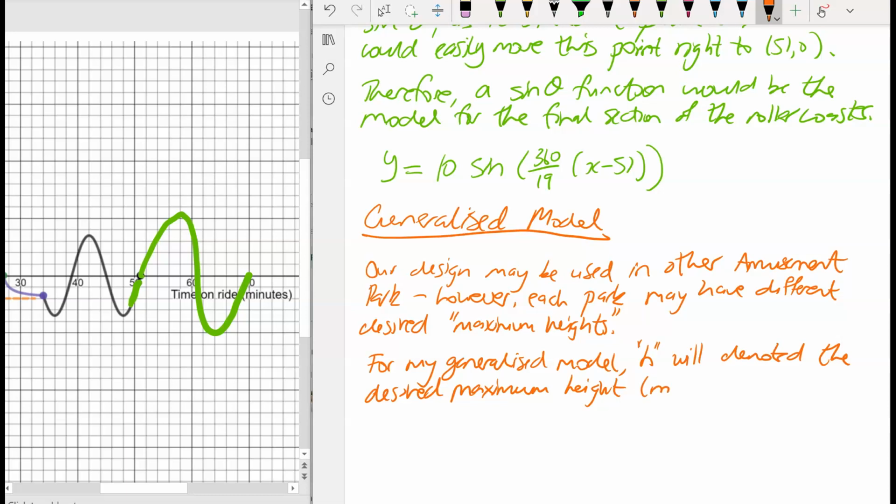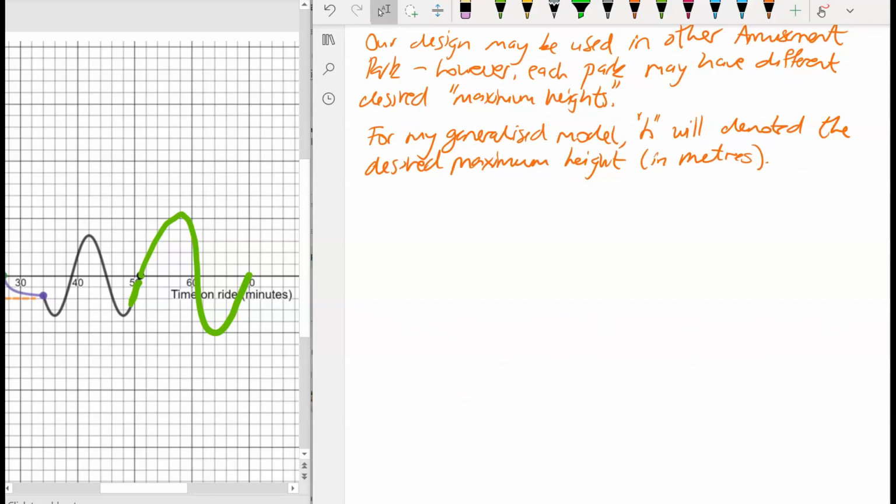And just going to note, always mention the units in meters. So we're looking at meters here. So in meters. So let's have a think of a graph.